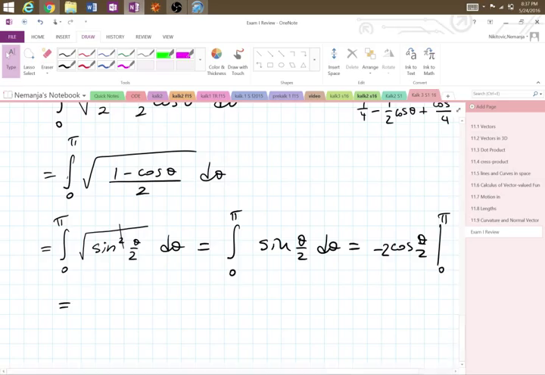So negative 2 times cosine of pi over 2 minus cosine of 0. Cosine of pi over 2 is 0, minus 1, is 2. Length is 2 units.